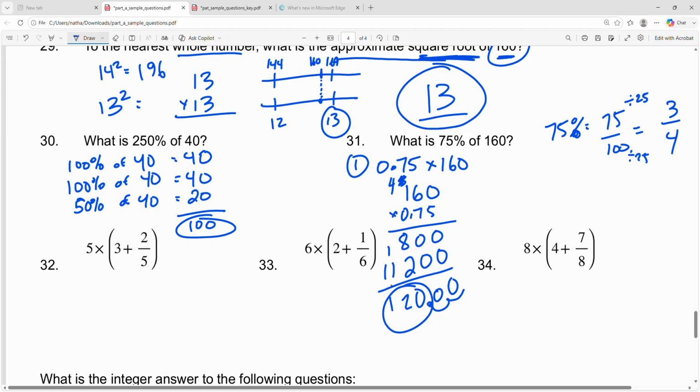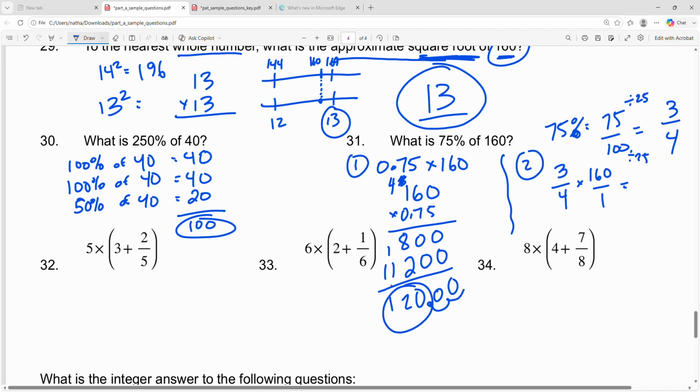So instead of saying 0.75 times 160, I could also say 3/4, because I can write that percent as a fraction. And I did that because I can see that when I multiply by 160, I've got something here that I can easily divide. I recognize that 4 divides into 16, so it also divides into 160.